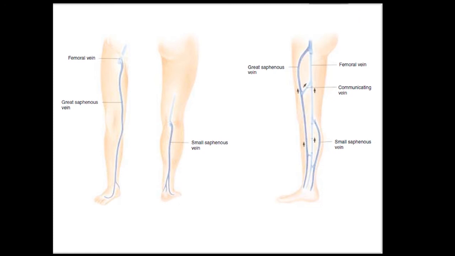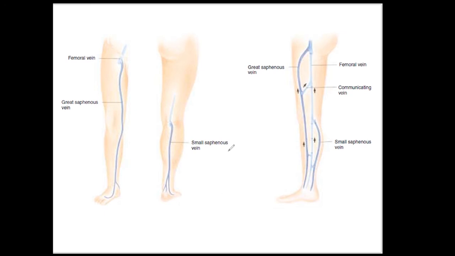And the blood vessels also include the vein. So the vein here, let's see. Vein problems are normally caused in the legs, usually not in the arm.